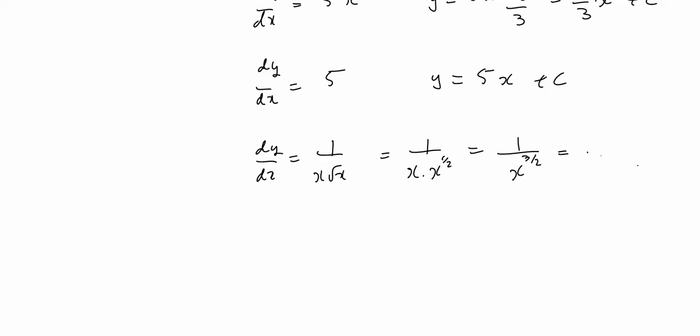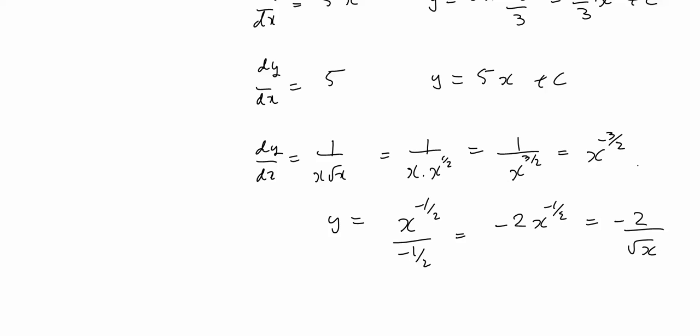And that would be x to the minus 3 over 2. So that's a power of x. And therefore y equals x to the minus 3 over 2 plus 1, to the minus a half, divided by minus a half. So that would be minus 2x to the minus a half, or writing back into surd form, minus 2 over the square root of x.